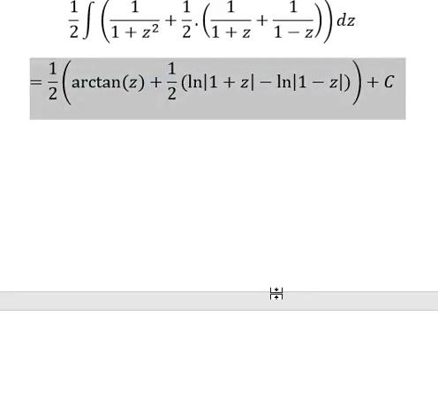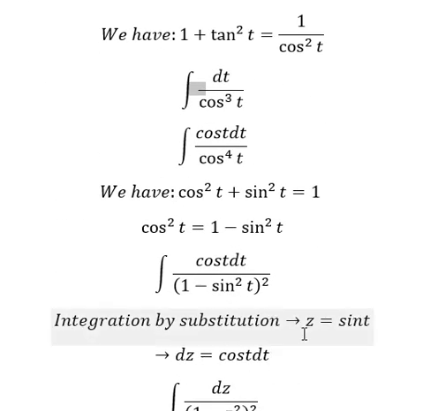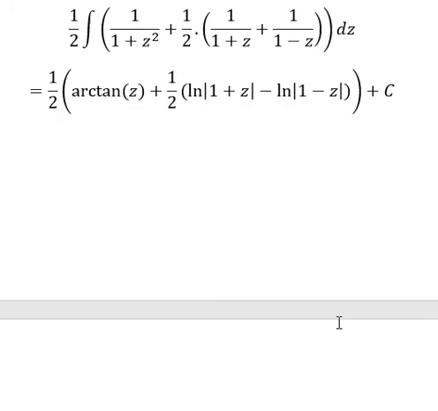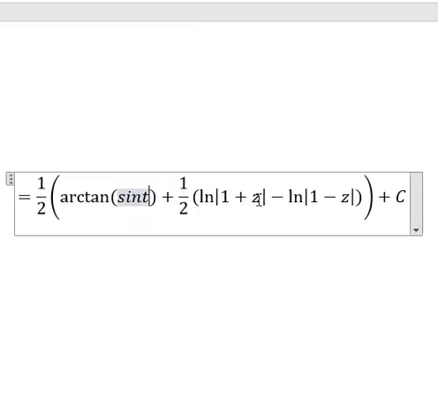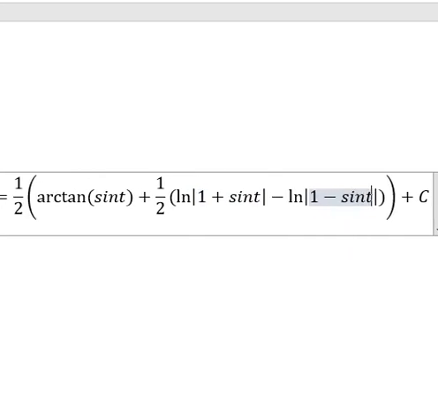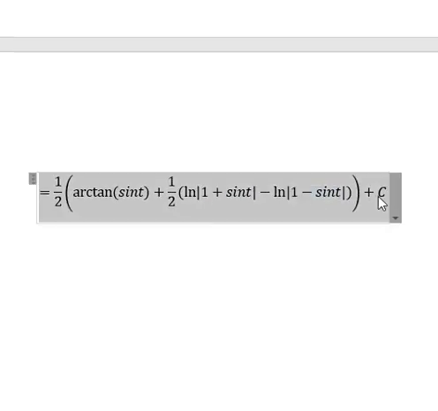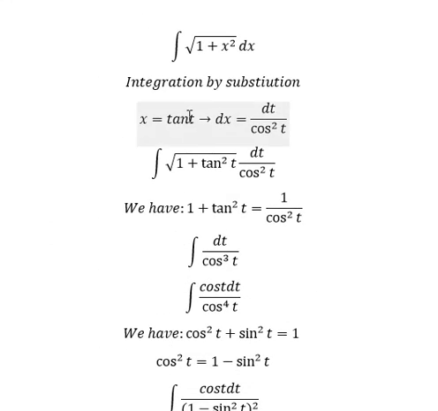And now we need to change z back to s. About z, we change for sine t. About t, we need to change back in here.